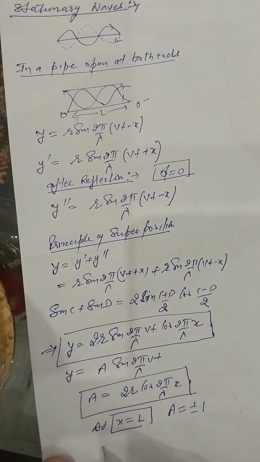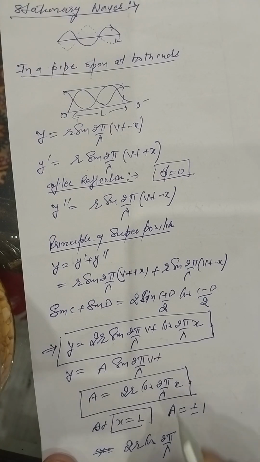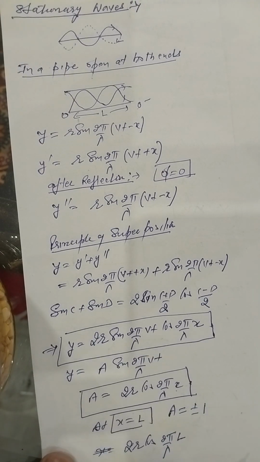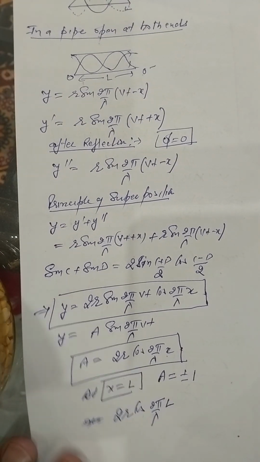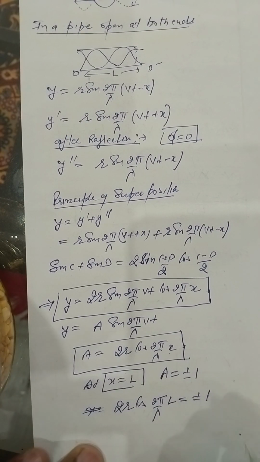So at x equal to L, the amplitude will be maximum, that is 2r cos 2π/λ, and we put L in place of x, and it will be equal to plus minus 1.